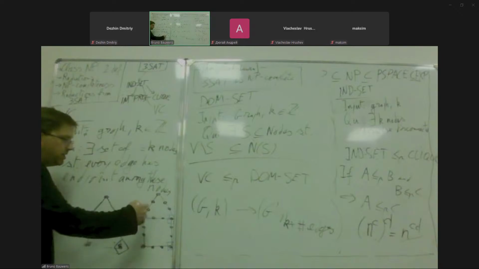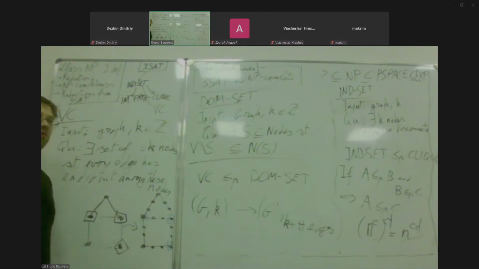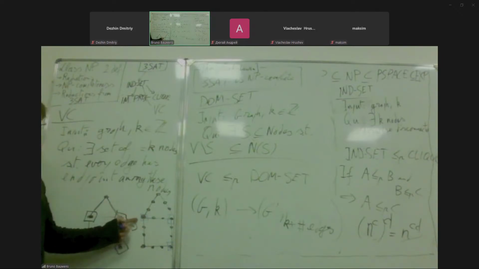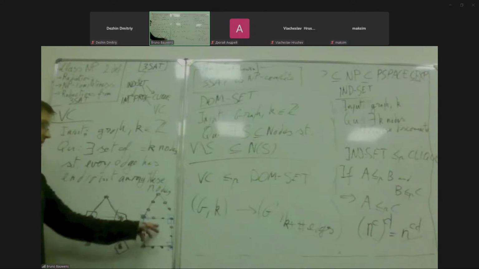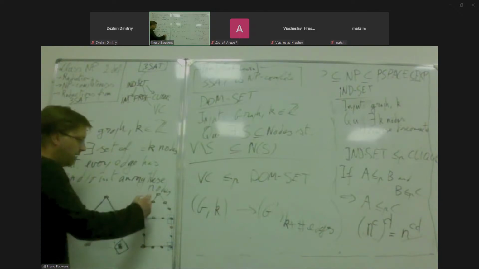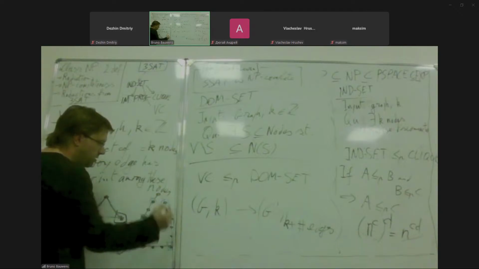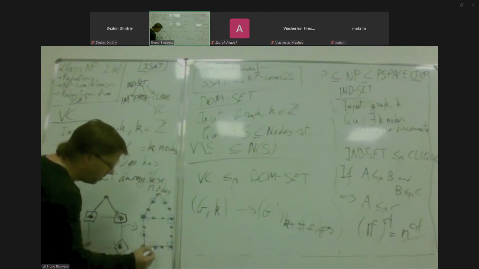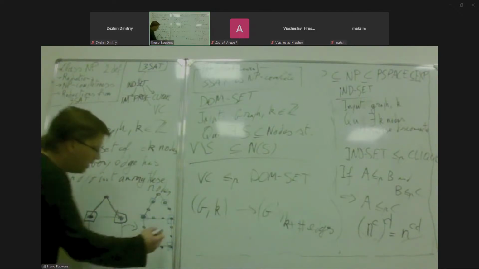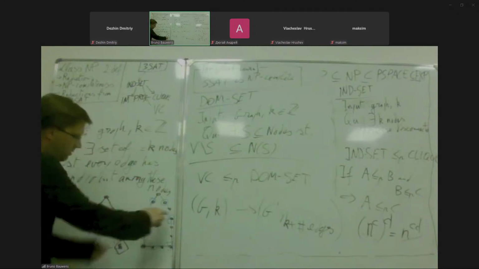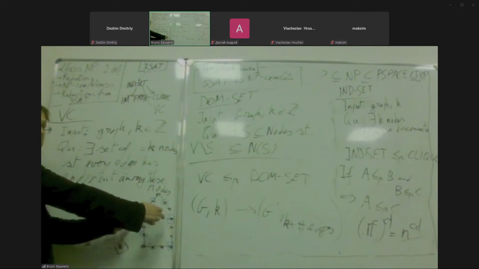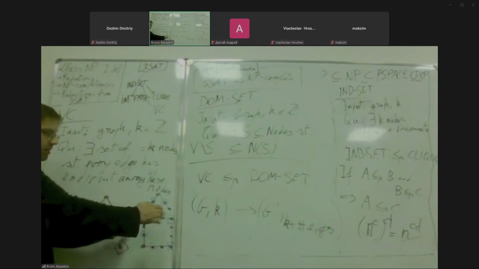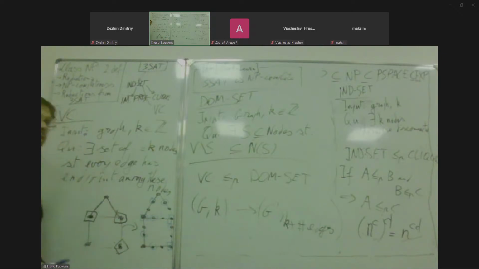We choose each time the node that is away from the already selected nodes. And so here we need a dominating set, and the claim is to choose these ones that are away from the dominating set. If both endpoints are already selected, it doesn't matter what we pick.